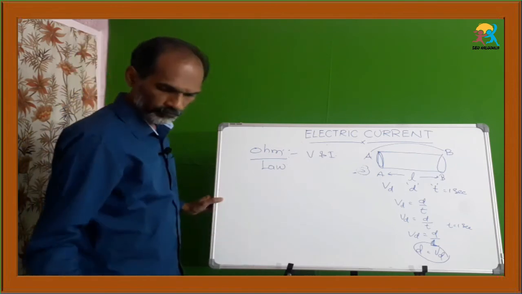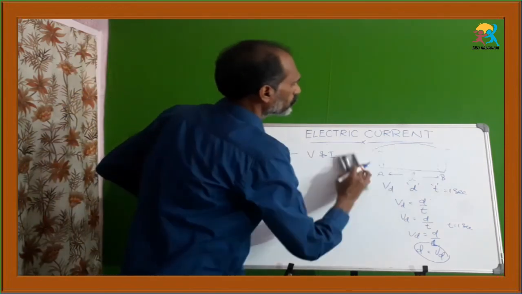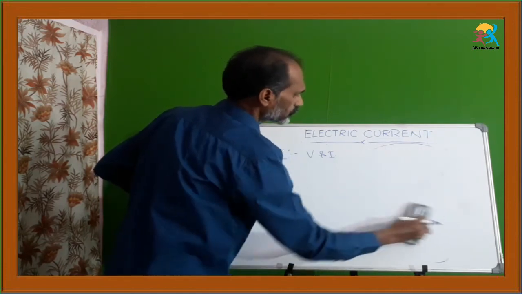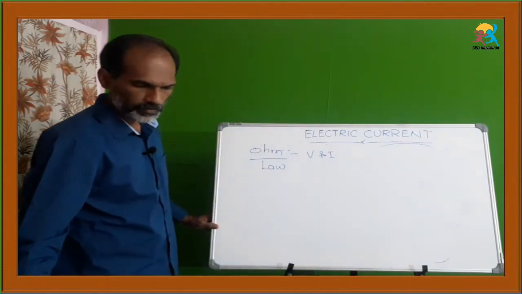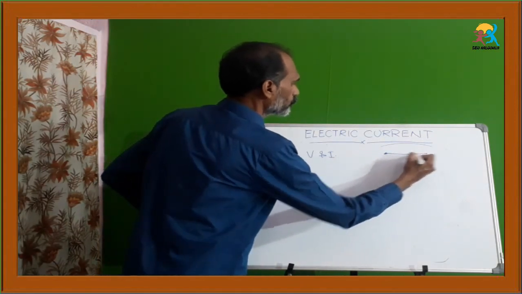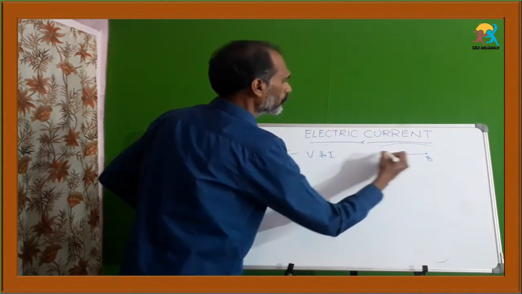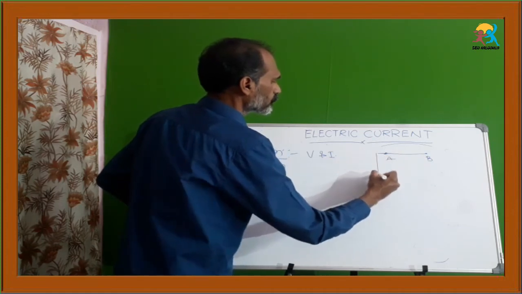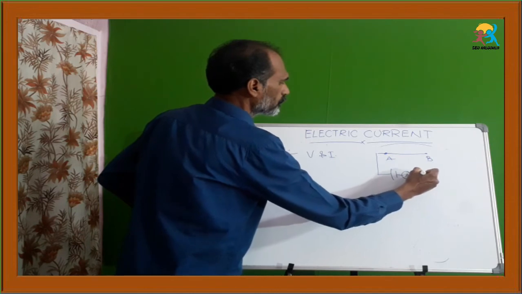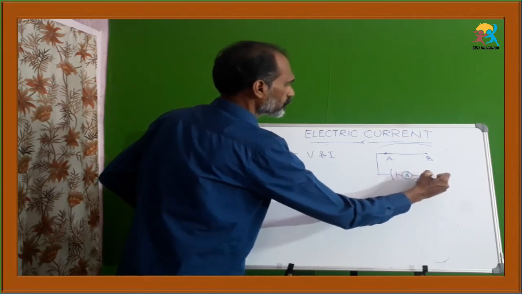We will draw a simple electric circuit to find the relationship between voltage and electric current. This is the iron spoke A, B. This is connected to one battery. This battery is connected to one ammeter, and this is the switch.